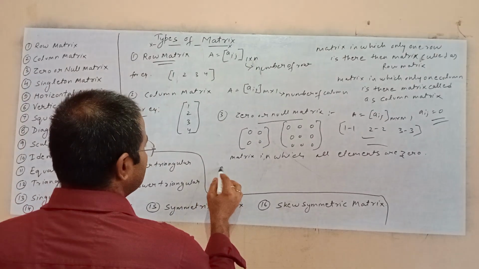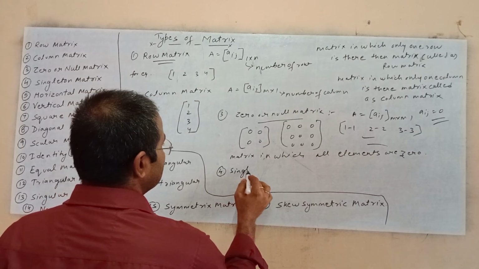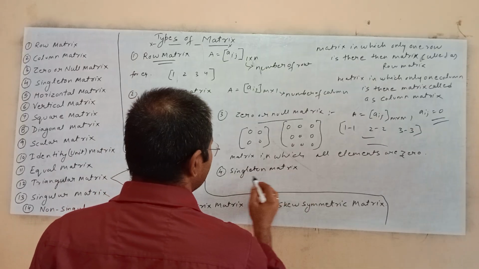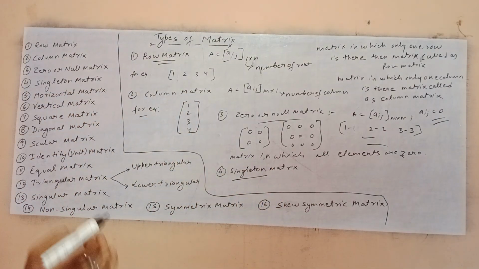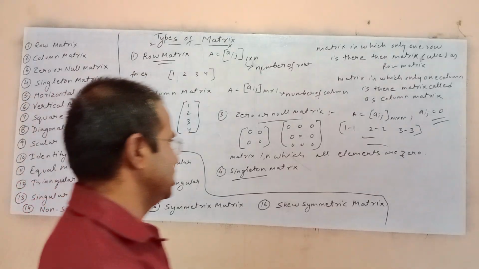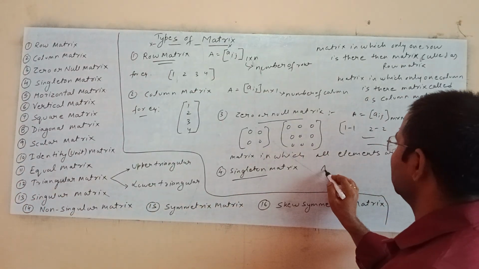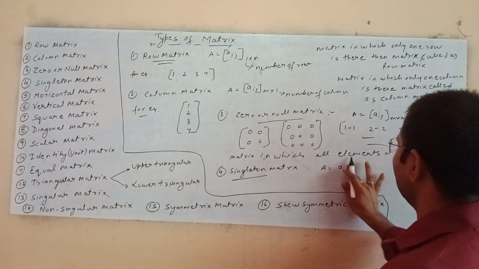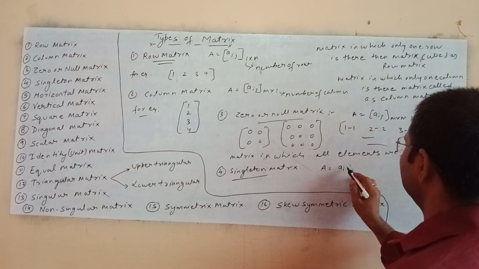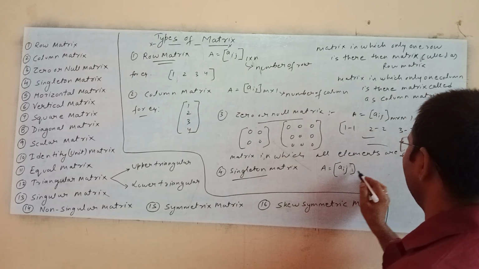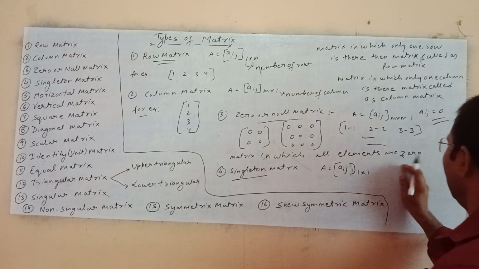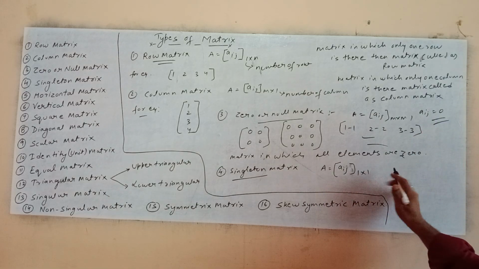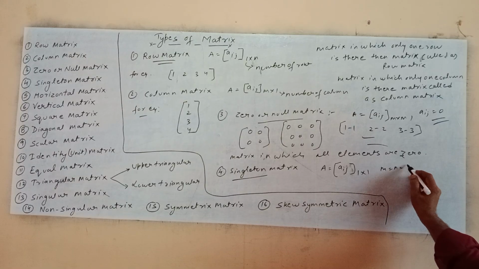See here, singleton matrix. Singleton matrix is clear from the word single: only a single element is there in a matrix, then it is called a singleton matrix. It is defined as A = [Aij], where m and n are equal to 1, m = n = 1.